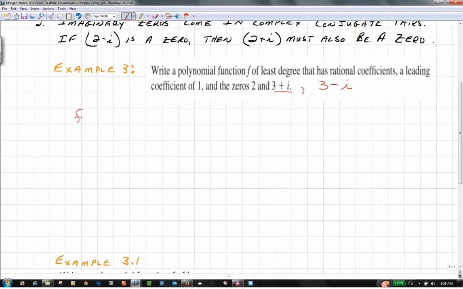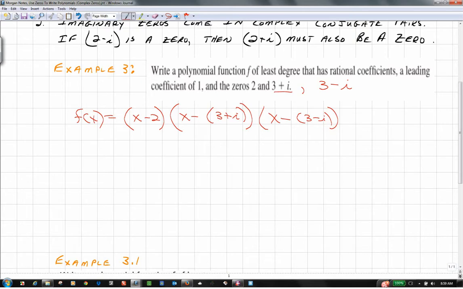Whatever the zero is, it's subtracted inside the factor. So that would be x minus 2, then x minus (3 plus i), and then x minus (3 minus i). There I have my zeros listed as factors.